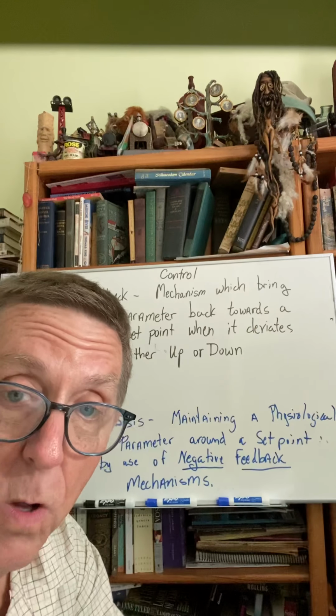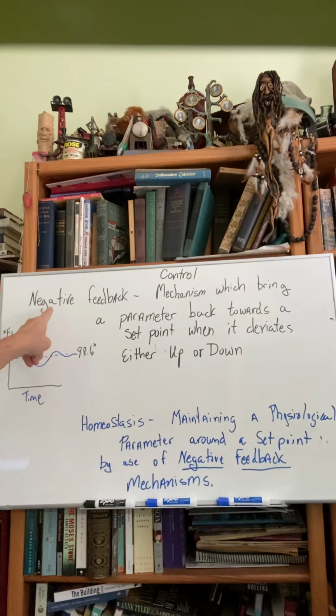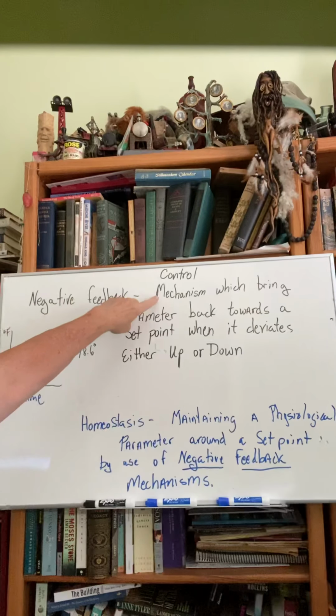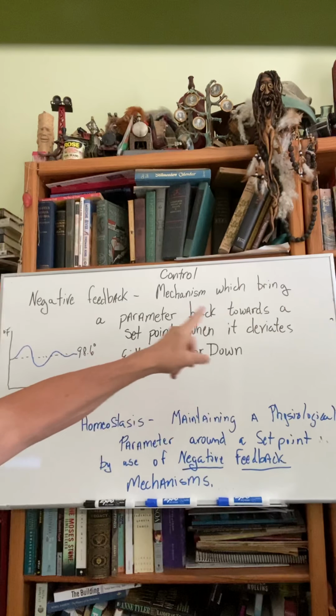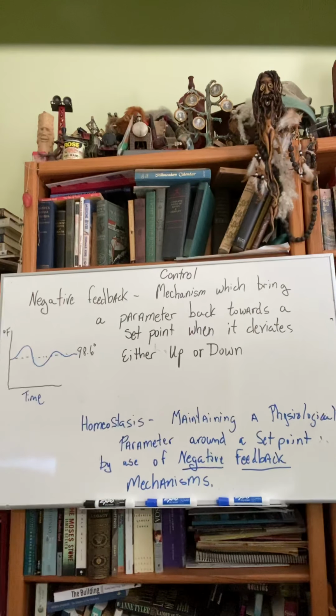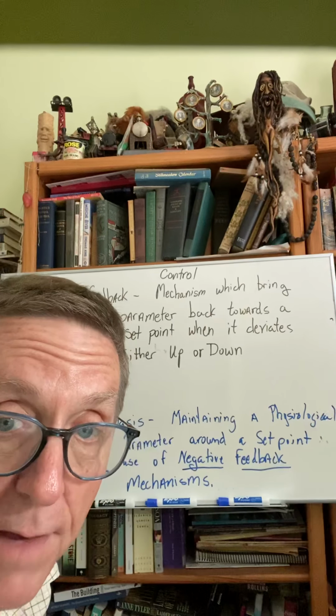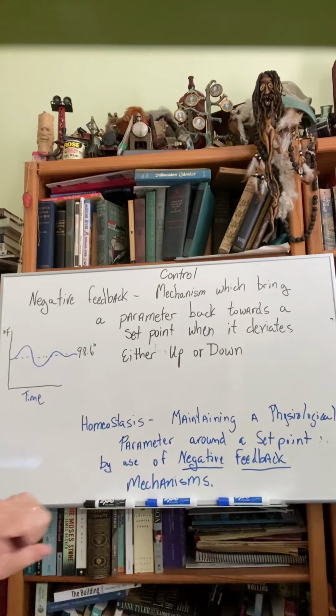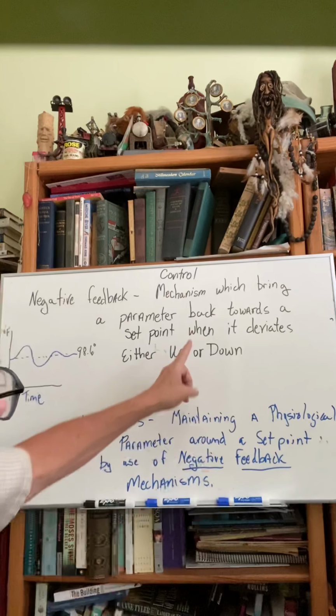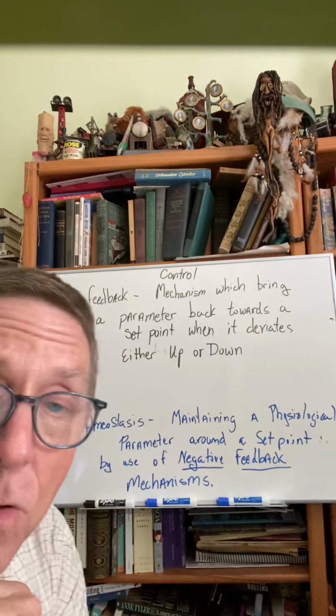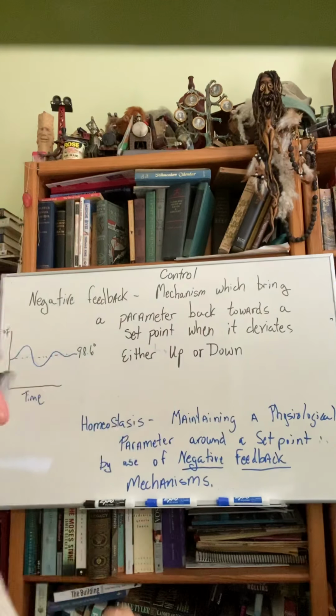You cool and you heat. So negative feedback is control mechanisms which bring a parameter back towards a set point. That's an important part of this definition. A set point, and this occurs when it deviates either up or down.